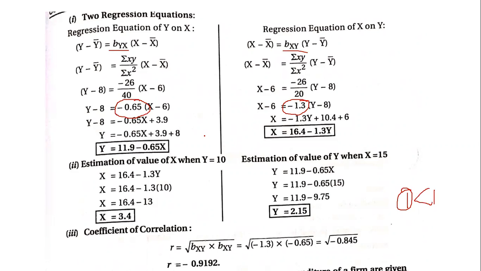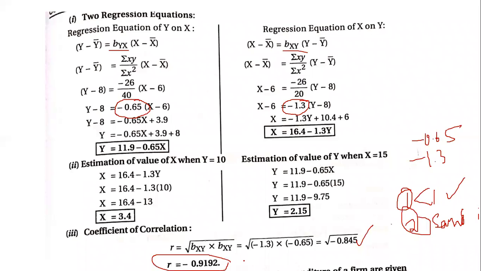Minus 0.65 is less than 1, and minus 1.3 is also less than 1, so the first condition is okay. The second condition is the same sign: both have to have the same sign. Both have a minus sign. So you can calculate, and you get the correlation coefficient as minus 0.9192.